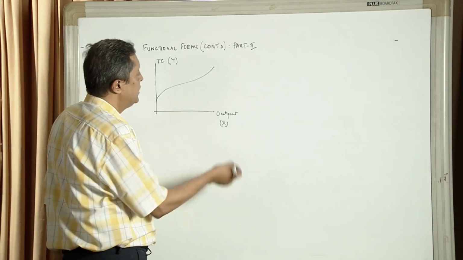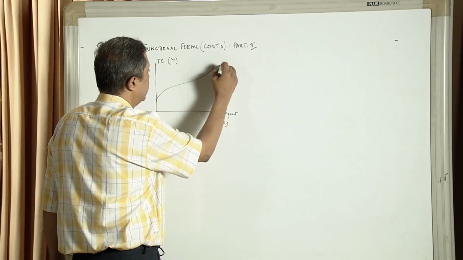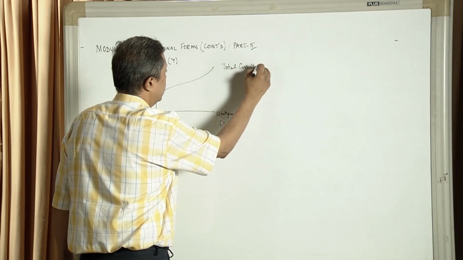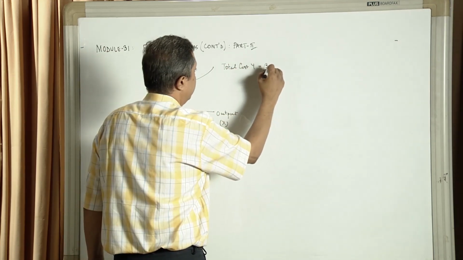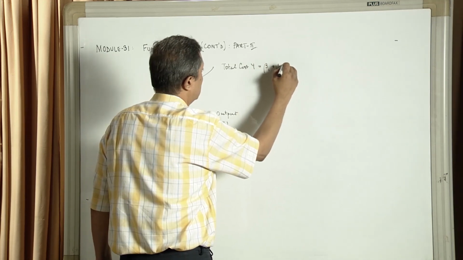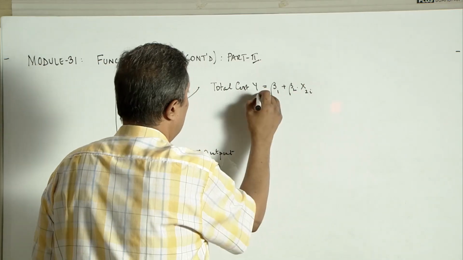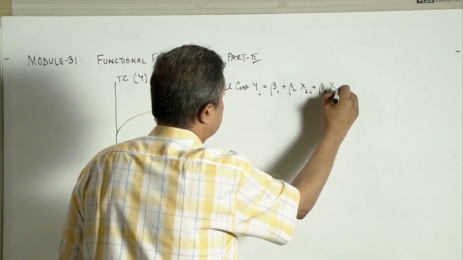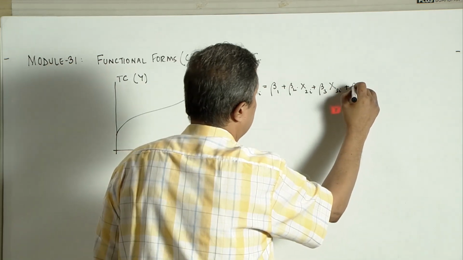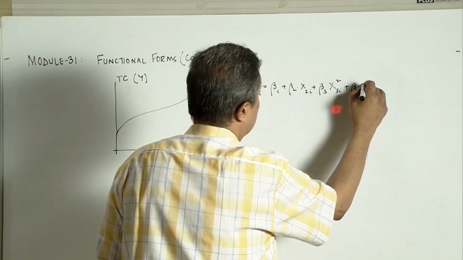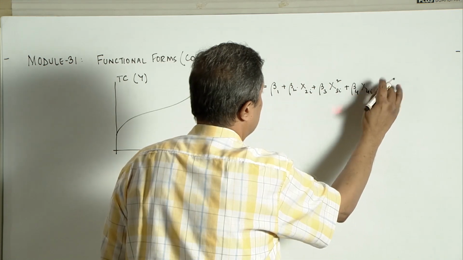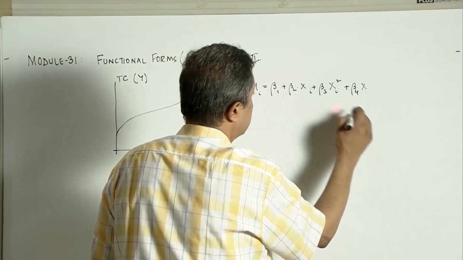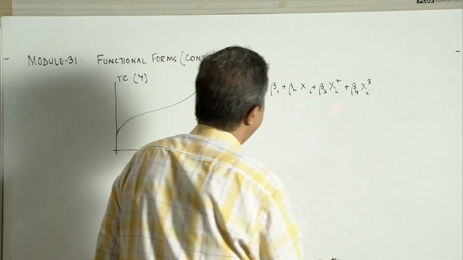So, in economic theory we say total cost y is equal to beta 1 plus beta 2 x plus beta 3 x square plus beta 4 x cube.